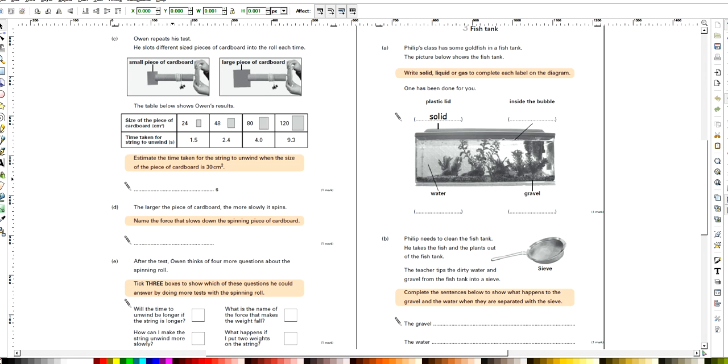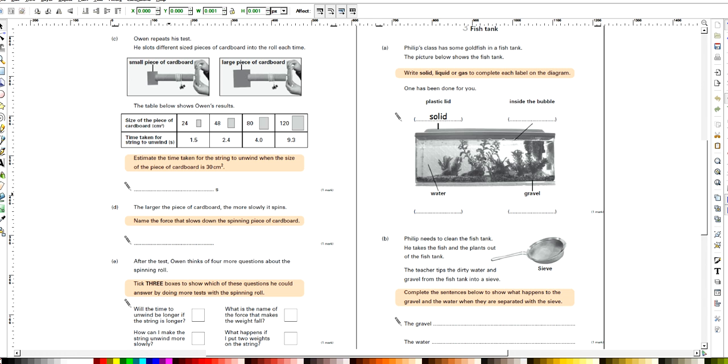Now when we say proportional, what I mean is as one increases, the other one increases, not necessarily directly proportional. It could be by something else. Estimate the time taken for the string to unwind when the size of the piece of cardboard is 30 centimeters squared. Now 30 centimeters squared is between 24 and 48. So we need a time between 1.5 and 2.4.